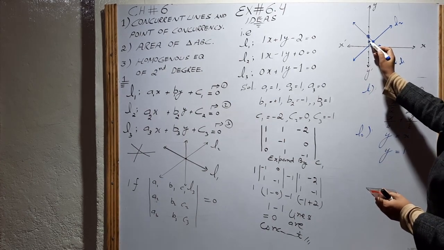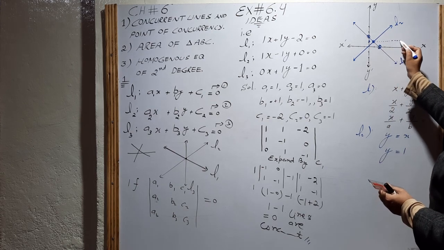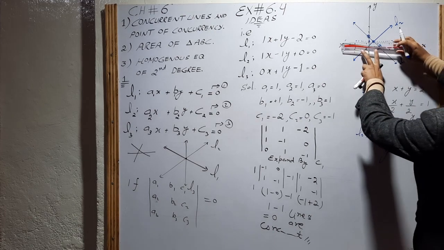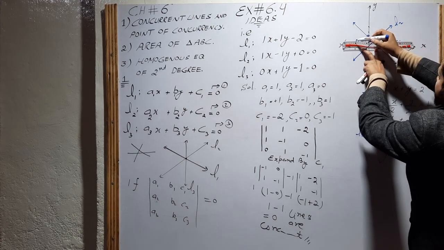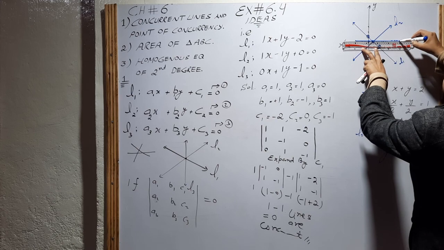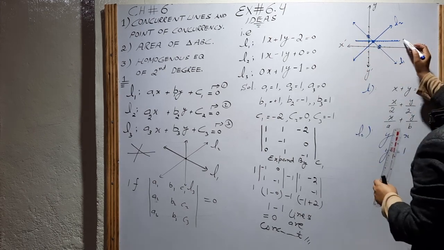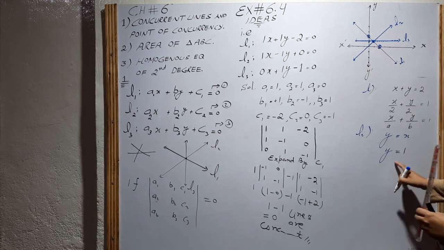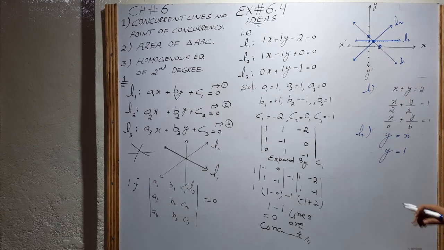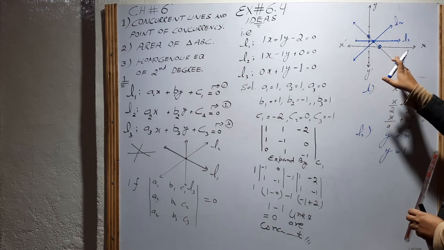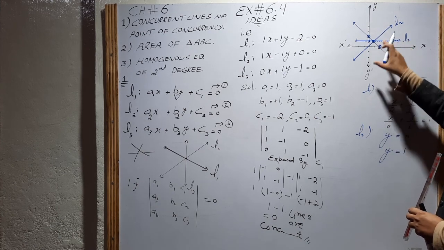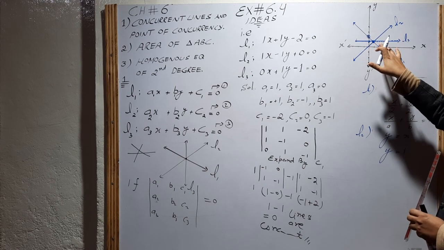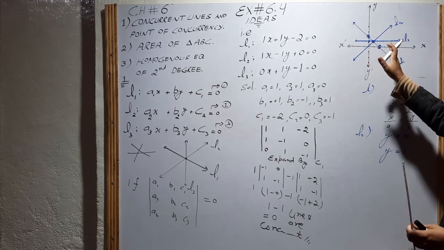These are all the points. Joining all these points, we have the graph of line 3, which is y is equal to 1. Clearly all the lines L1, L2, L3 pass through a single point. It means that the lines are concurrent, graphically crystal clear.